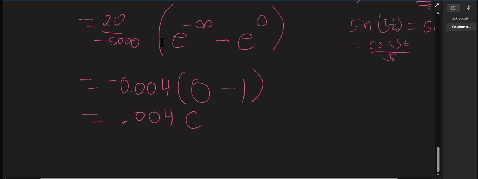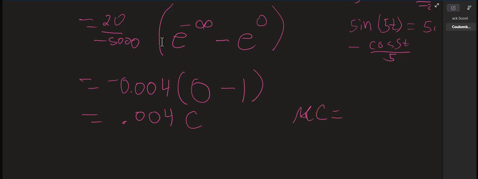If it had been milliamps, my units would be millicoulombs. Oh, but it says calculate the total charge in microcoulombs entering the element at its left terminal. So microcoulombs, a micro is times 10 to the negative 6.